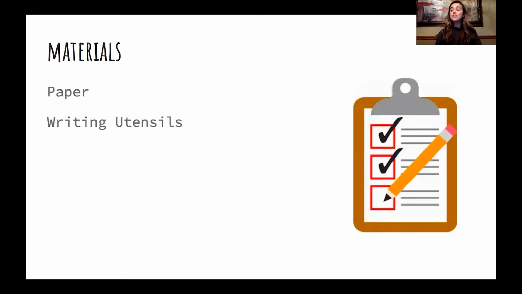All right, so for this lesson today, you will need paper and writing utensils. Now, I would like it if you could grab multiple pieces of paper. I just have some blank pages here. Whatever paper you have is totally fine, but I think blank paper would probably work best. Maybe graph paper if you have it, but just blank paper and then writing utensils.